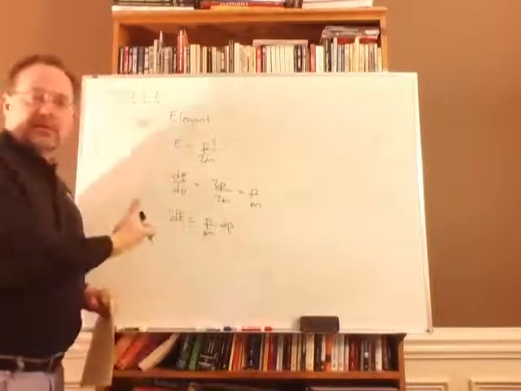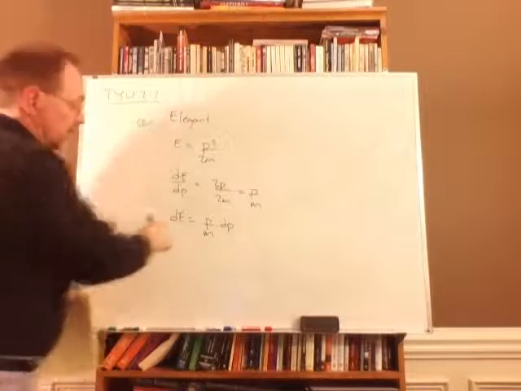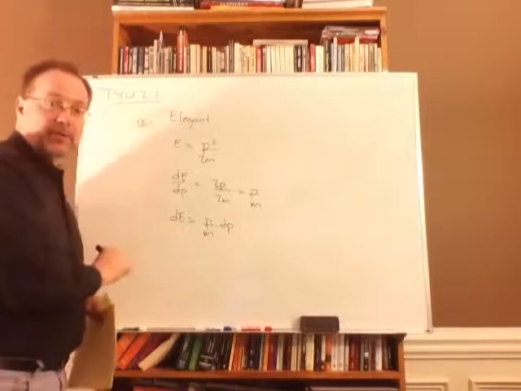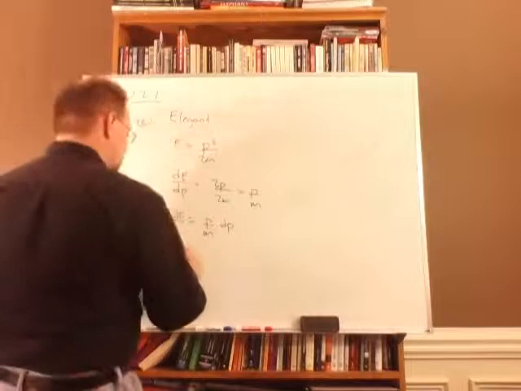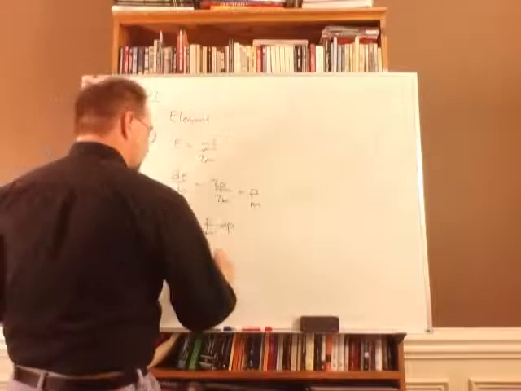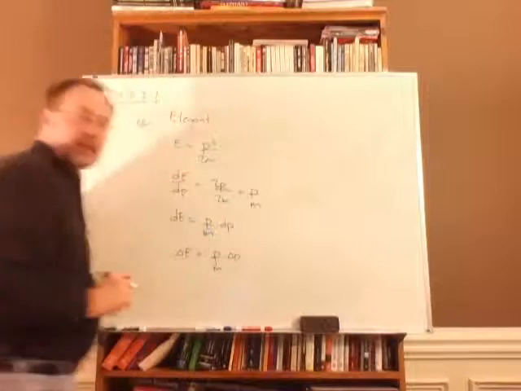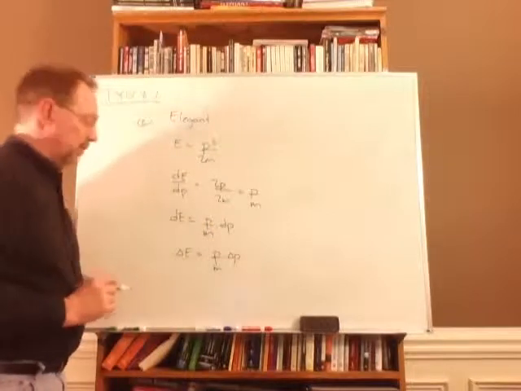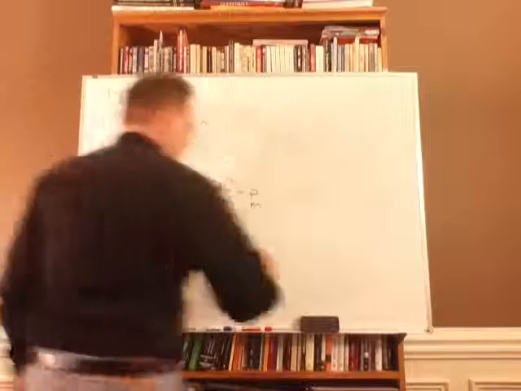And if we treat these differentials as equal to our uncertainties, so dE we replace with delta E and dP we replace with delta P, we get delta E is equal to P over m times delta P, and this is exactly what we found through our brute force approach, so of course we get the same result.